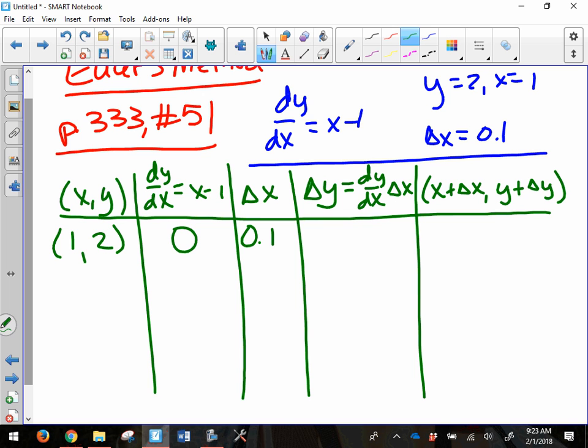And then what's delta y going to be in this case? 0. So what's my new point going to be? 1.1 comma 2. It's y plus delta y, so it's 2 plus 0.